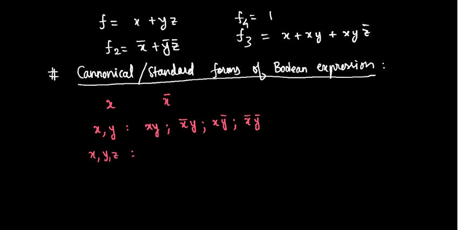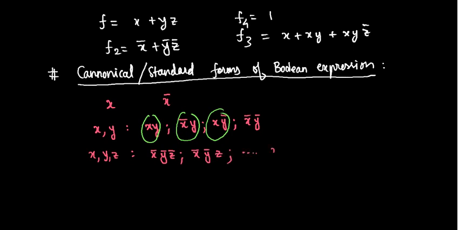Each of this possible way of AND expressions, each of this product term, covers all these variables. Say for example, I am taking this one, it will be x bar y bar z bar, x bar y bar z, and so on till x y z.